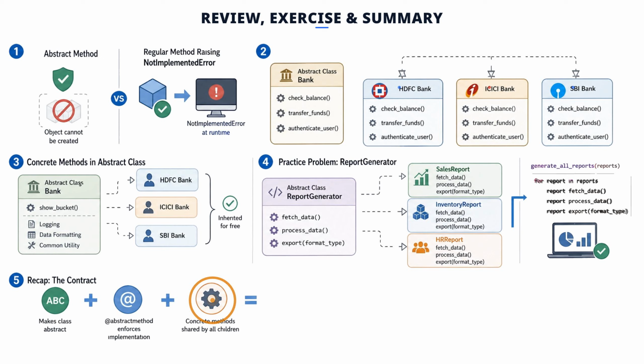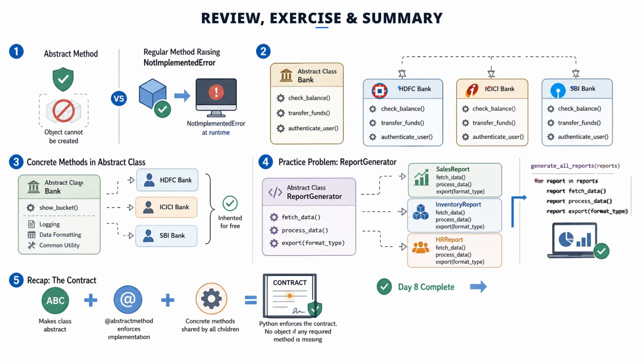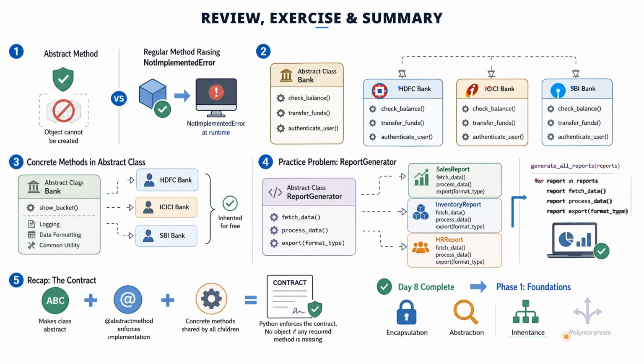Together, these elements form what we call the contract. Python strictly enforces this contract, refusing to build any object from a child class that tries to skip a required method. This concludes day 8 and wraps up phase 1 foundations. You have now officially mastered the 4 foundational pillars of object-oriented programming: encapsulation, abstraction, inheritance, and polymorphism.